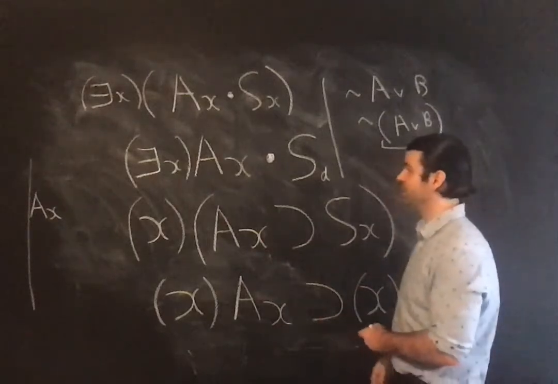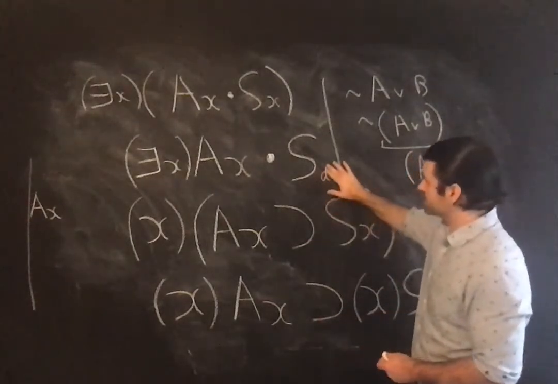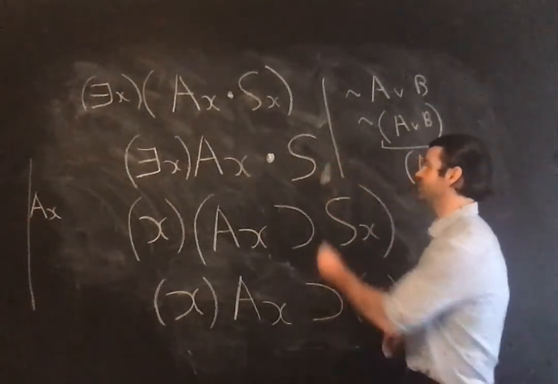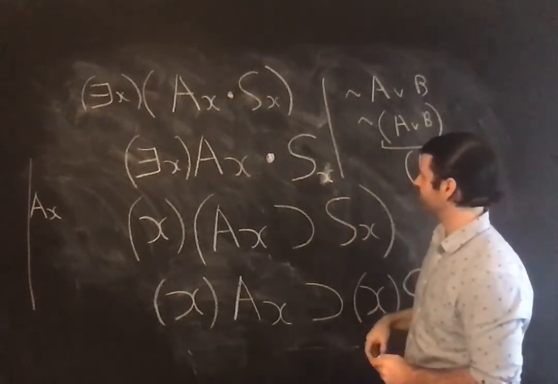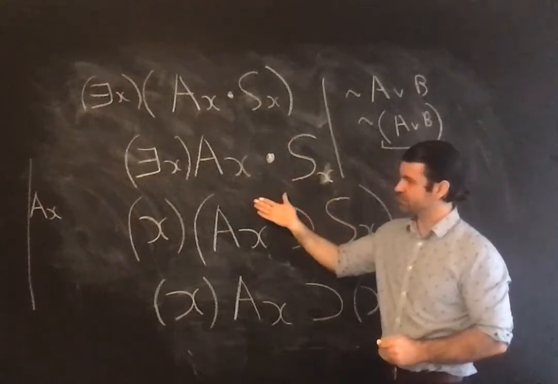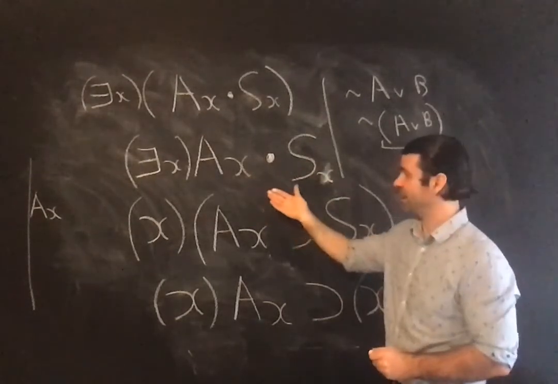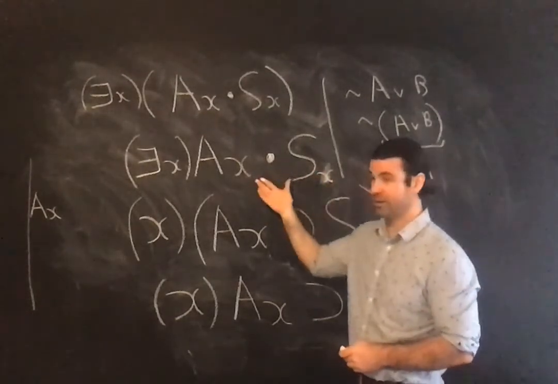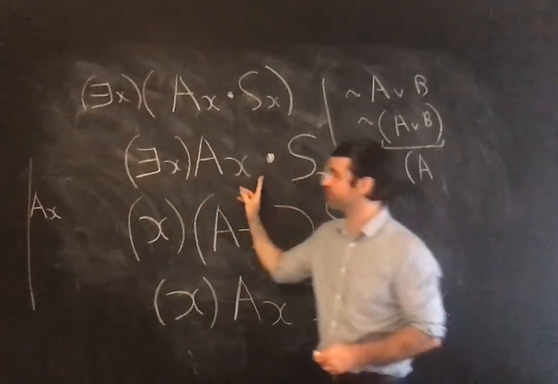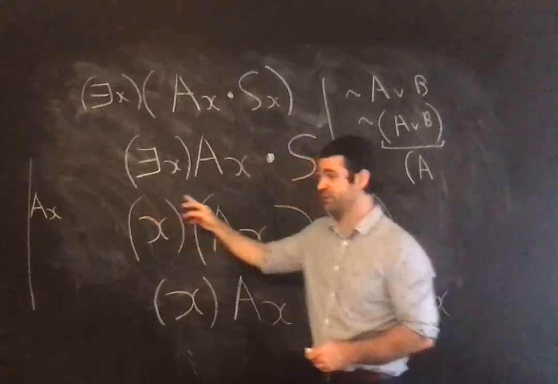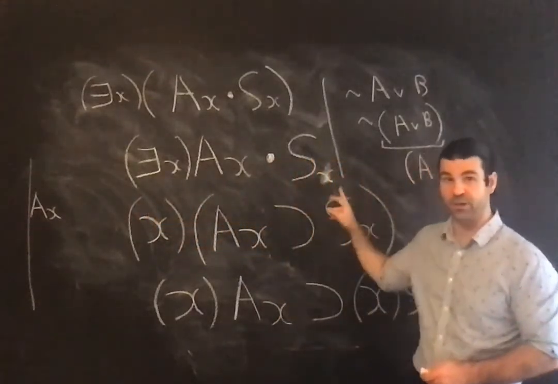But notice here, if we have this, it is a problematic formula. We don't have a proper formula here because what we've got is a conjunction where the first conjunct is a complete sentence, but the second is not.